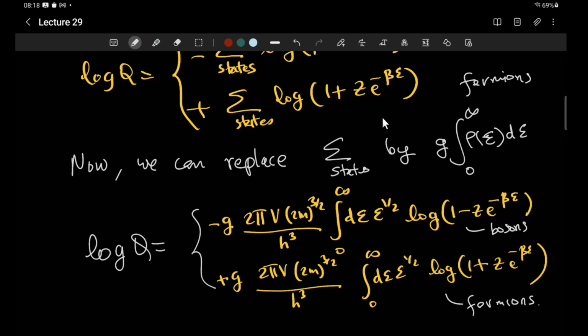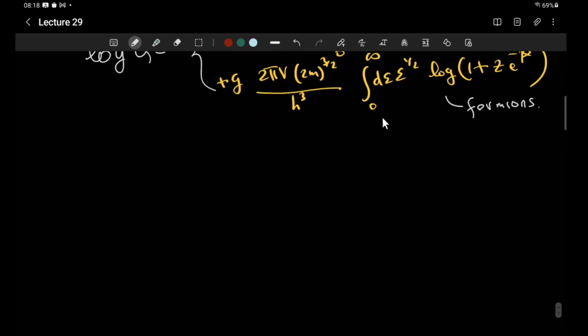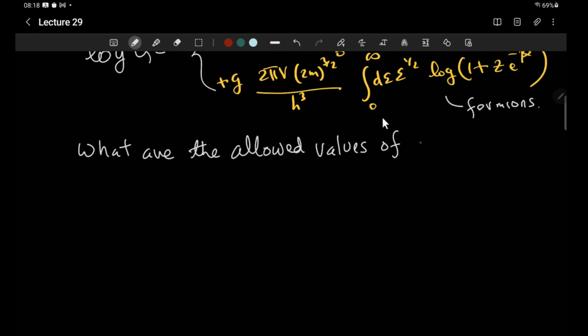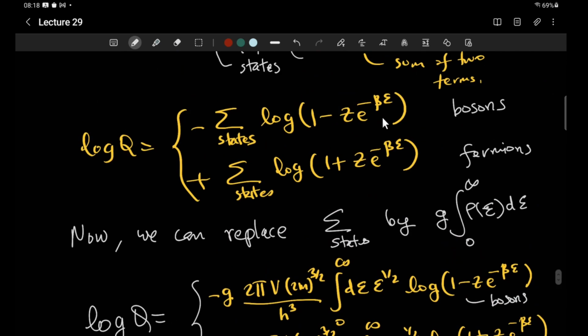Okay, but there is a subtlety which I'll now discuss. To discuss that, I'll ask what are the allowed values of the fugacity. For that, it's useful to look at the formula with the sum over states, which before we replaced with these things.